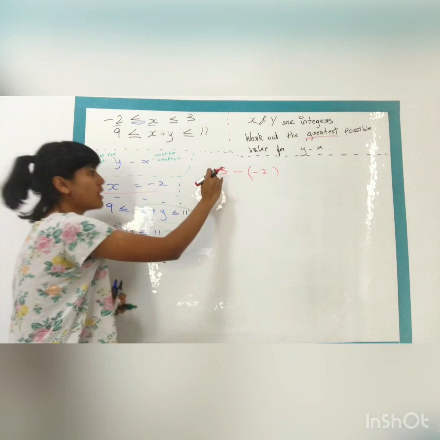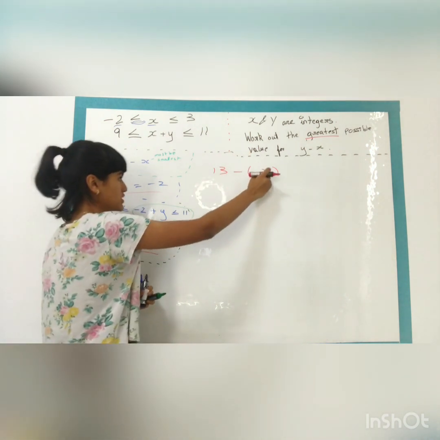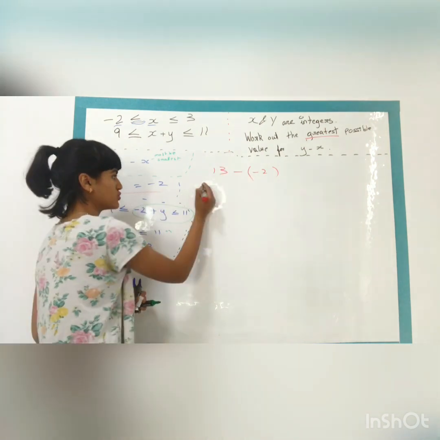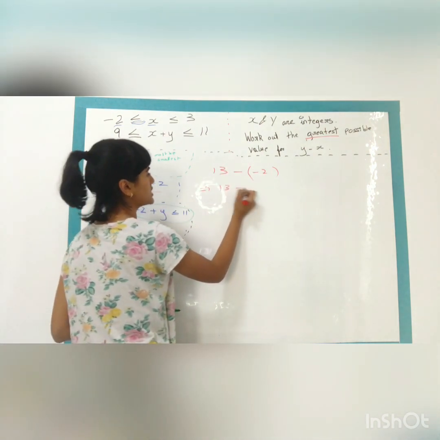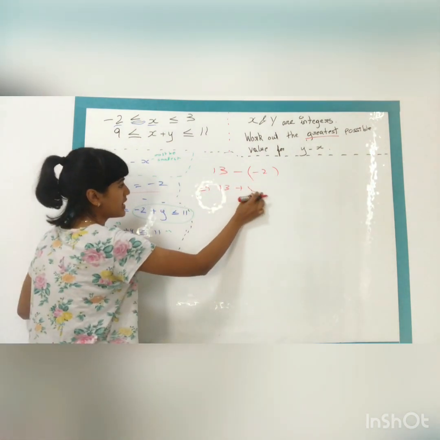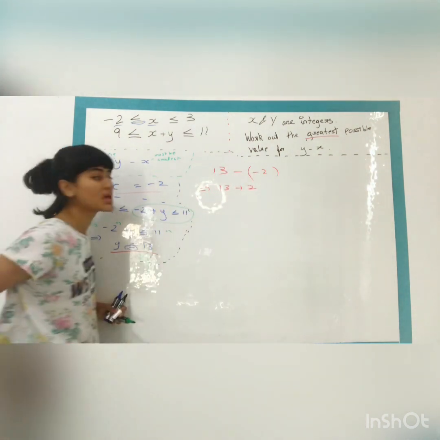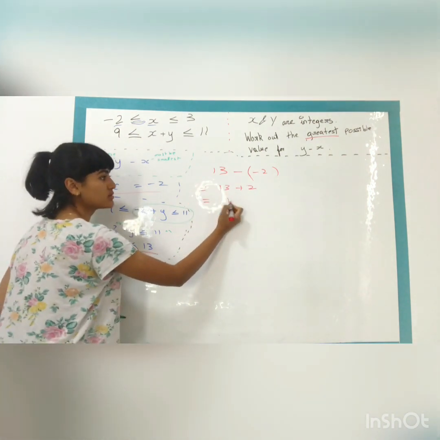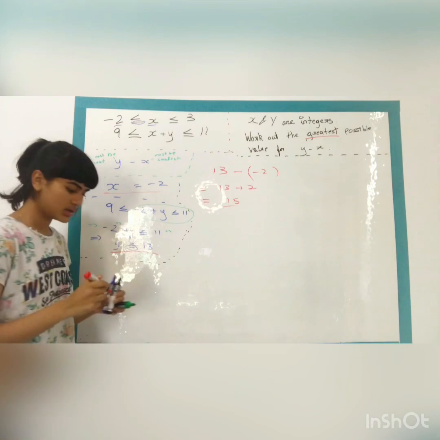So it's 13 minus -2. We're going to write this as 13 plus 2, because minus of a minus is plus. That's a very, very disgusting looking 2, my bad. And then we're left with simple math, 13 plus 2 is 15. There you have it.